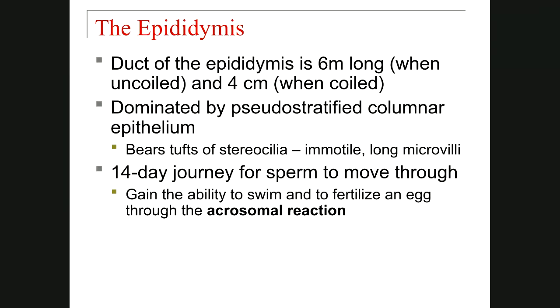The duct of the epididymis is a very long duct. When it's uncoiled, it's about 6 centimeter. Sorry, it's about 6 meter. And when it's coiled, it's about 4 centimeter.